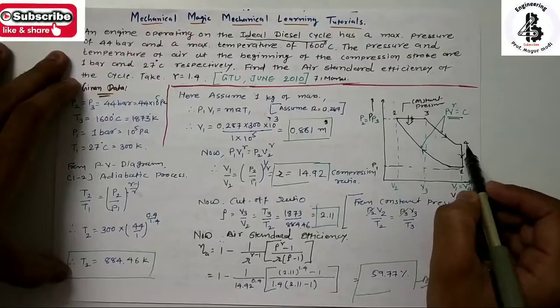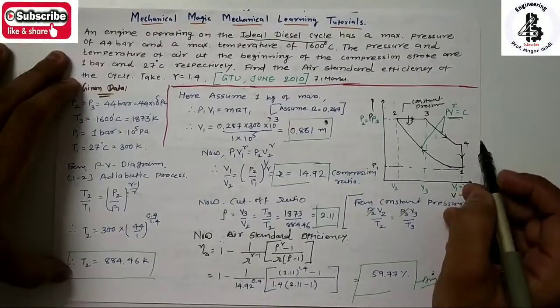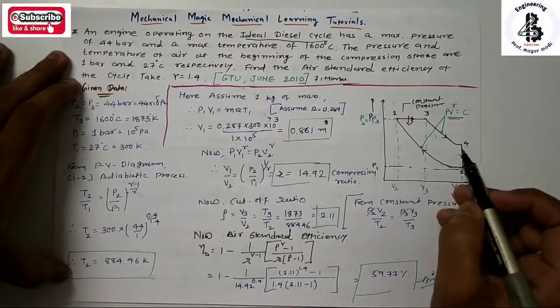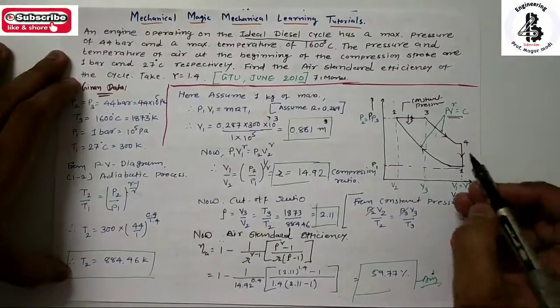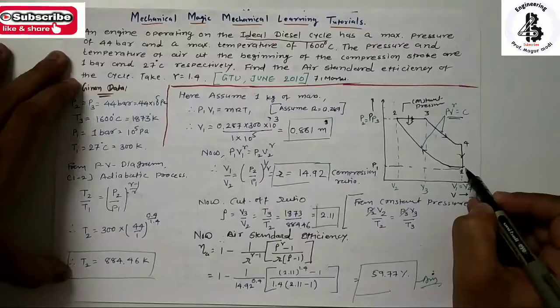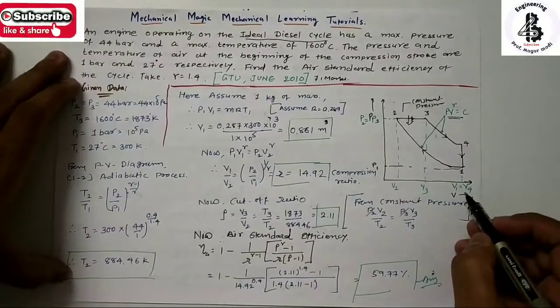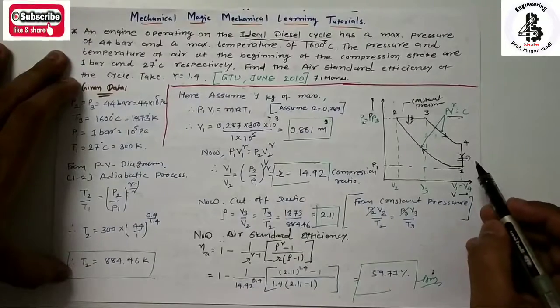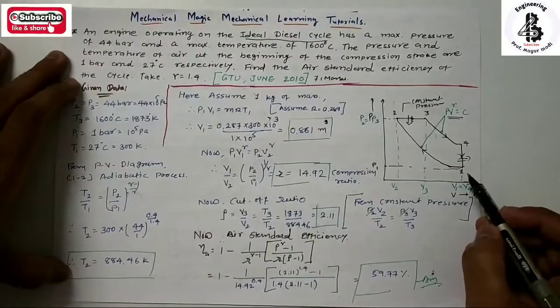So the 3 to 4 process represents adiabatic expansion, and for the 4 to 1 process, constant volume heat rejection takes place over there. So once again it comes to state number 1.